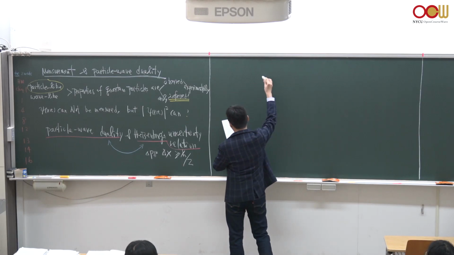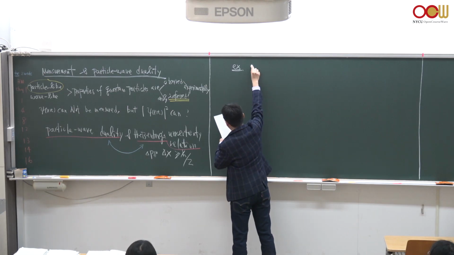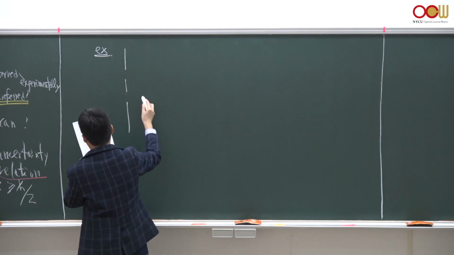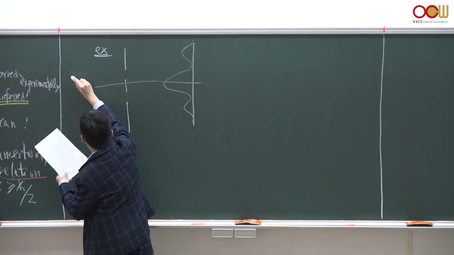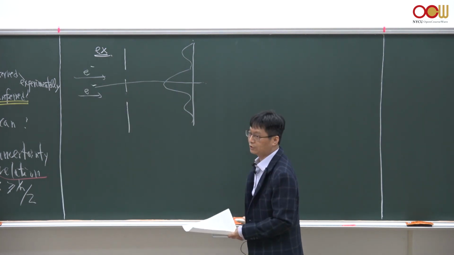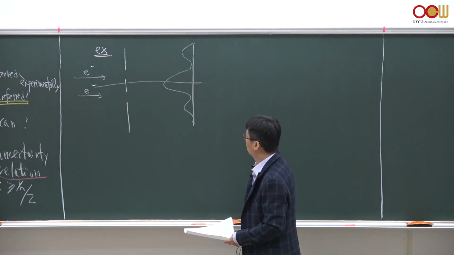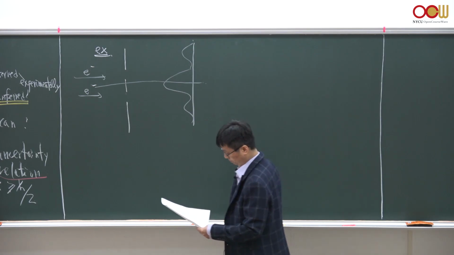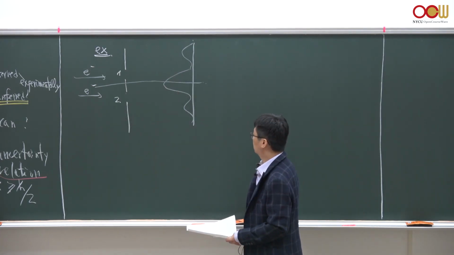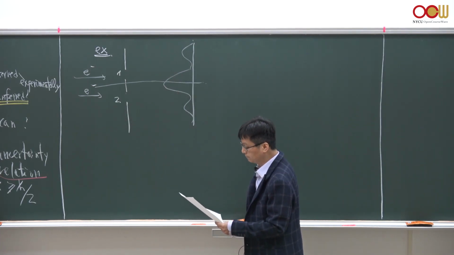Great. So let's just look at this famous example, the double-slit example. Suppose that this is electron diffraction, or electrons passing through these double slits, and leads to those beautiful interference patterns.